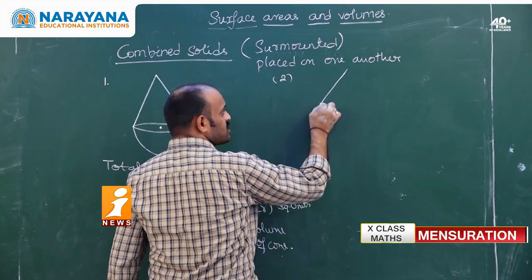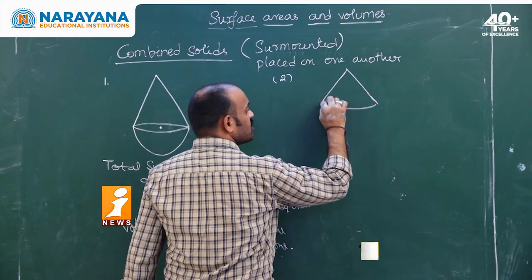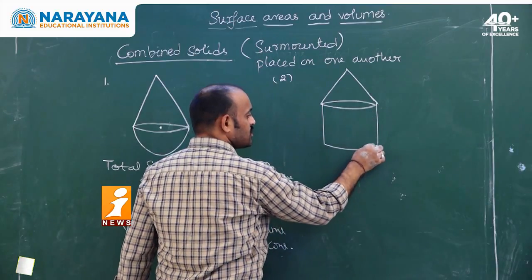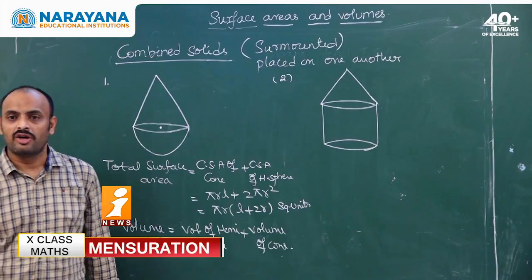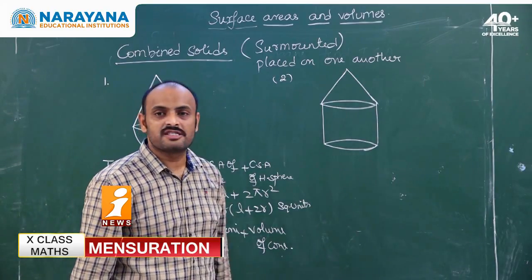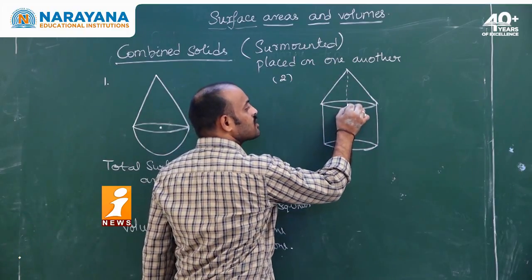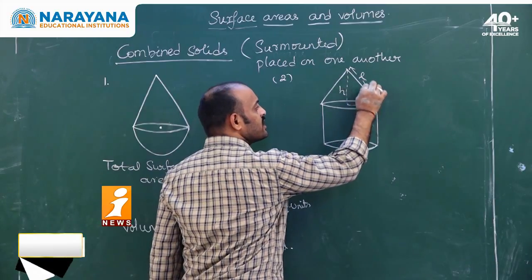Second, a cone is surmounted on a hollow cylinder, where both the radii are the same. See, this will be r, this is h, and this is l.